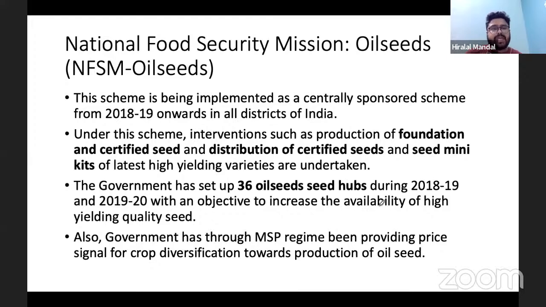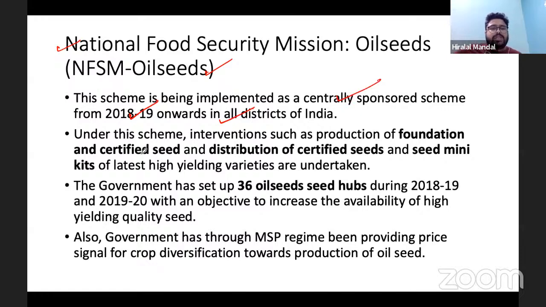So some of the efforts that the government of India has taken: one is the National Food Security Mission. Oilseed production has been ramped up under the National Food Security Mission. This scheme was started in 2018-19 in all the districts of the country. It is a centrally sponsored scheme.